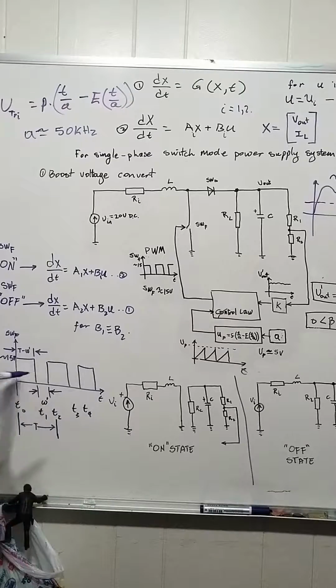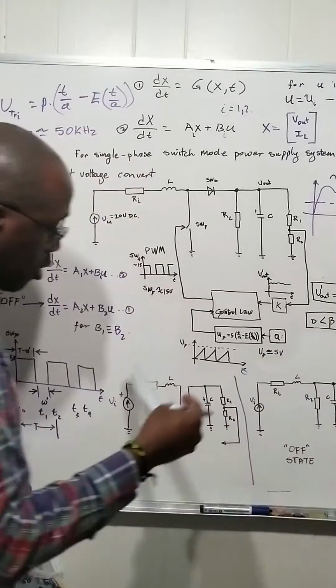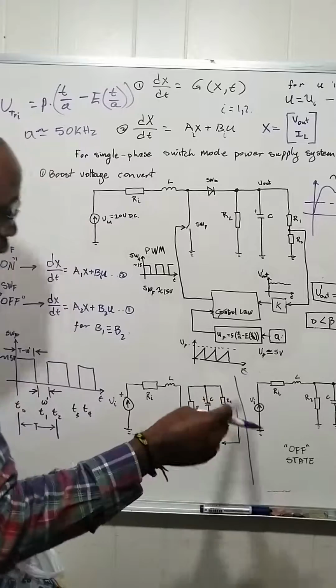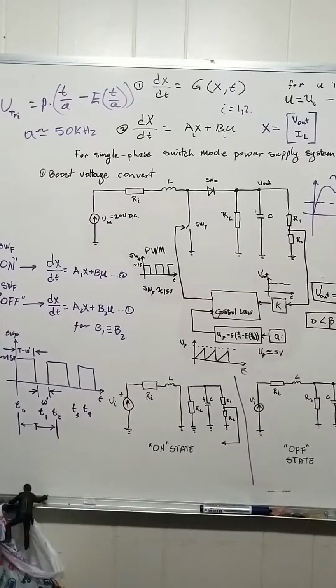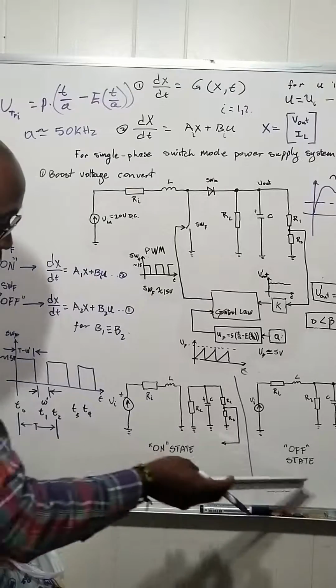The width of the pulse has to do with the total time. So from T0 to T2 is called a periodic time, and it repeats itself. As it repeats itself, the circuit takes this stage, takes that stage, and comes back to this one, and so on, and it's constant. Every time it switches, it creates these pulse stages, and it switches between off state, on state, on state, off state, and so on.